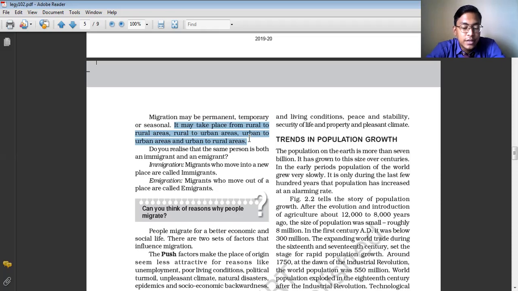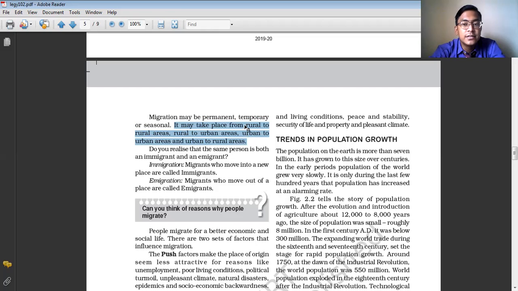So there are even subdivisions of internal migration and international migration. Internal migration can mainly be classified into 4 different types, or you can say it is mainly divided into 4 different streams.